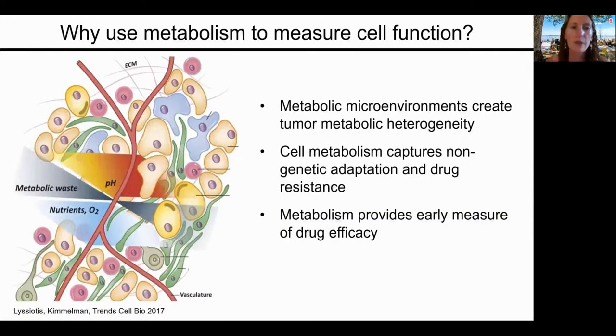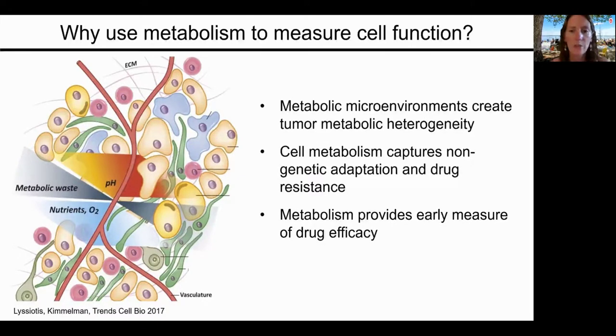So I mentioned we're looking at metabolic response in the tumor cells. And so, you could measure anything you want to understand treatment response in tumor organoids. And we chose metabolism because we know that metabolism is one of the early changes in the cell in response to treatment. So this gives us an early measure of drug efficacy.